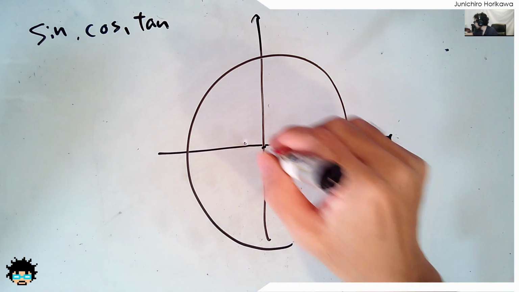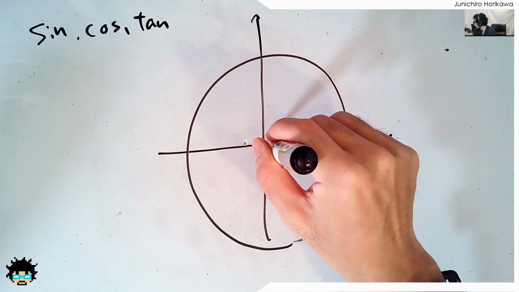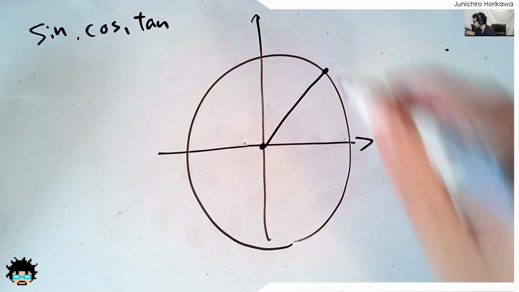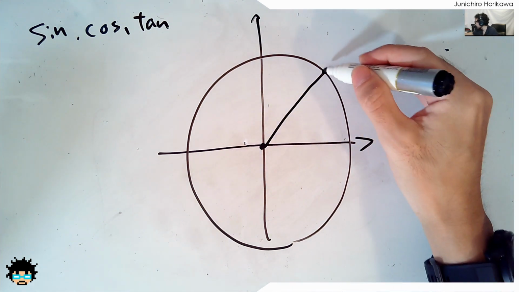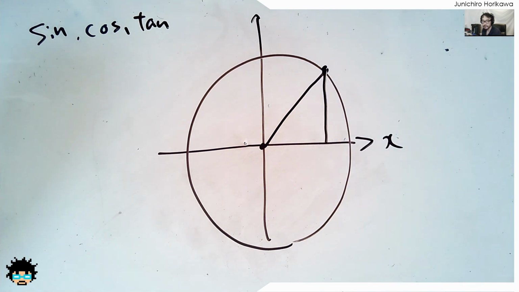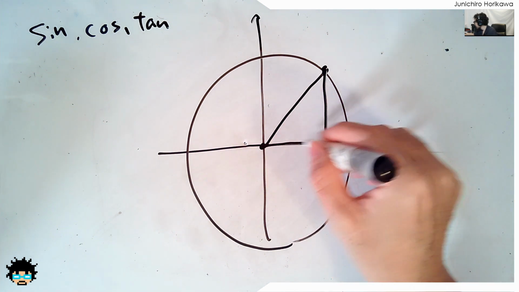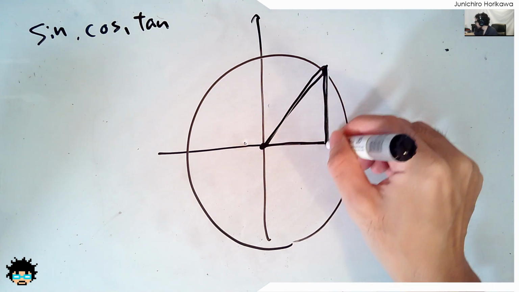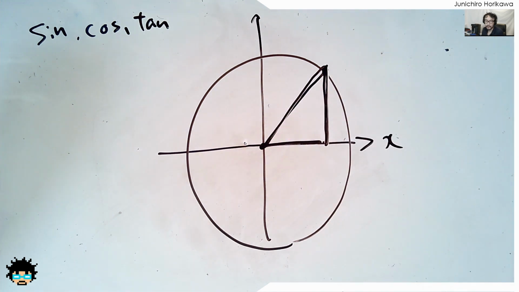Now let's create a line from the center to some point on the circle, and from that intersected point I'm going to project it onto the x direction, the x-axis, and use this triangle to explain the relationship using sine, cosine, and tangent functions.